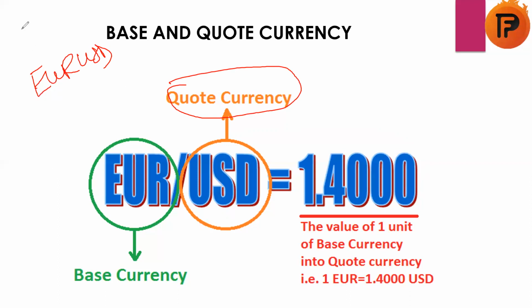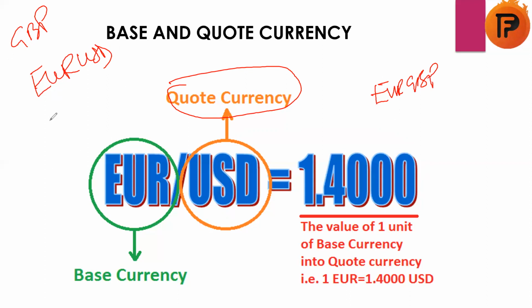The same thing also goes with GBP, but there's an exception to GBP. The only exception is EUR/GBP. We have EUR/GBP, where euro still comes first. That's the only exception. The other ones are GBP first.